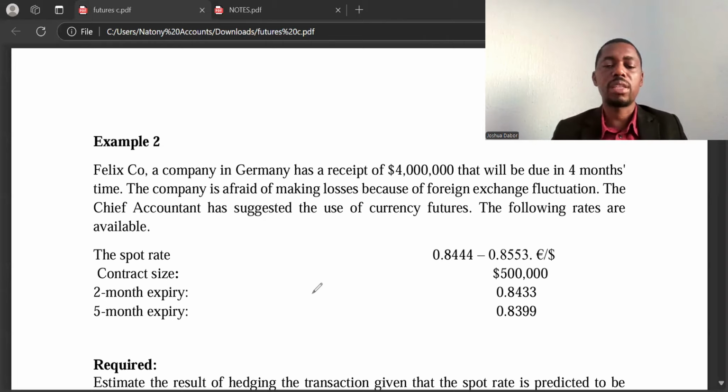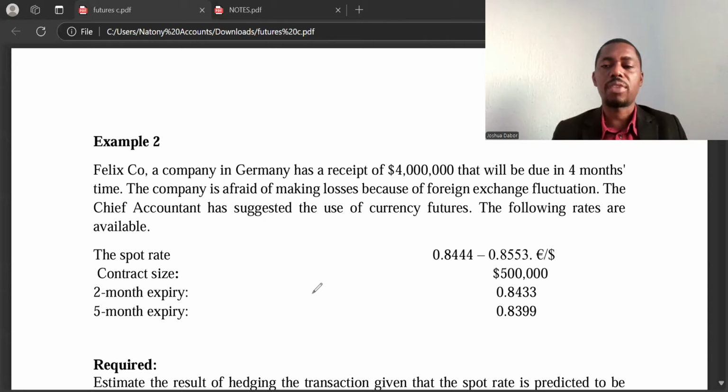The company wants to make the decision whether to buy the futures contract or to sell the futures contracts. And what will inform that decision? There are two things that the company will be looking at here. Either you are using the transaction to make the decision, or you are using the exposure to make the decision. So step one is making the decision.